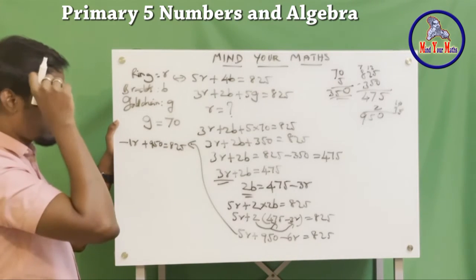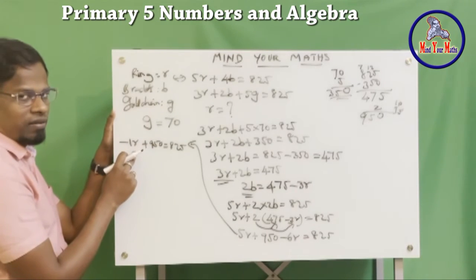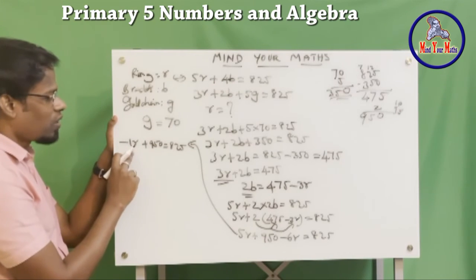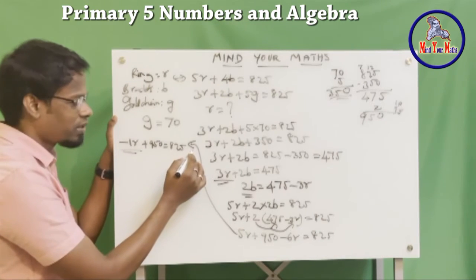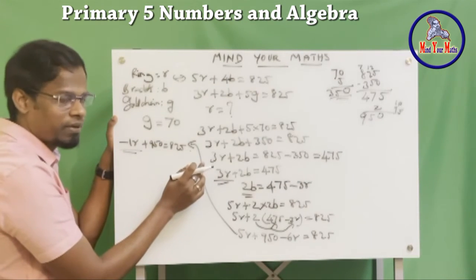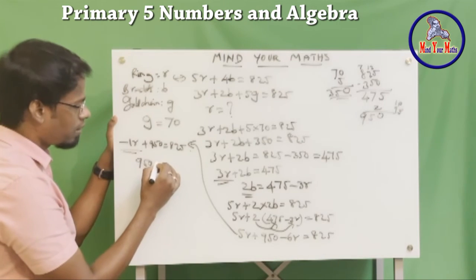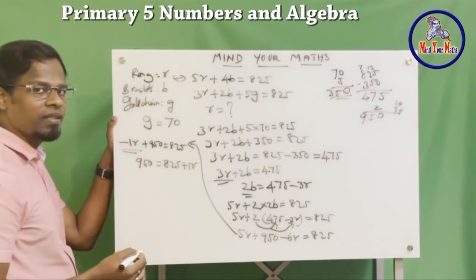We need to find the value of R. Because this is negative, we move the entire value to the right-hand side of the equation so that it becomes a positive number. So we leave the 950 here, equals 825 plus 1R.